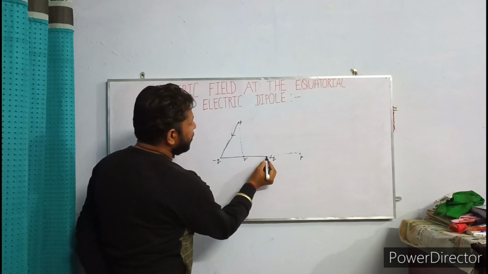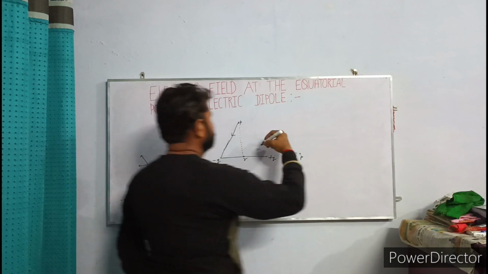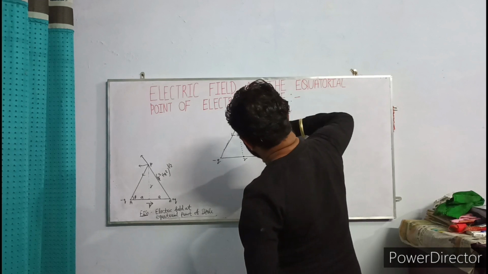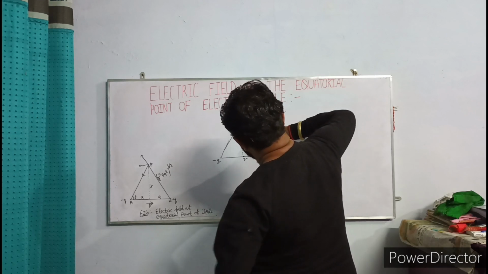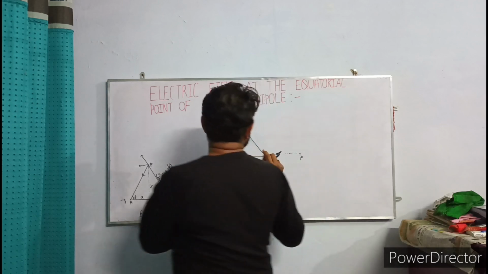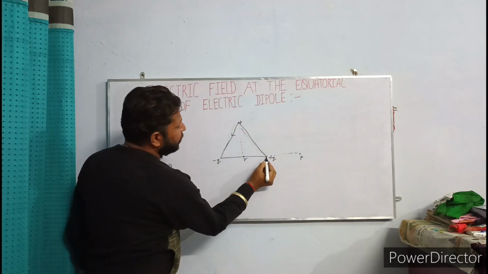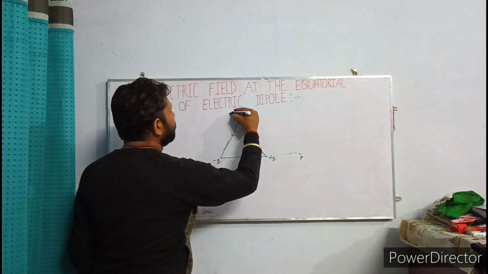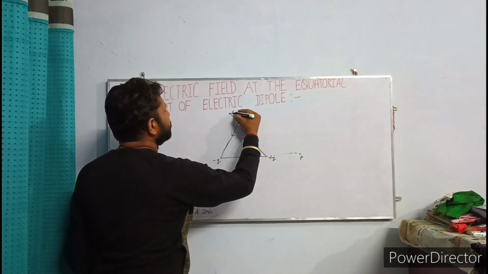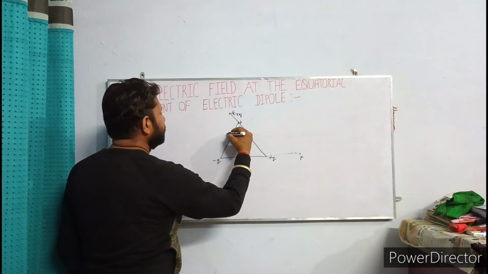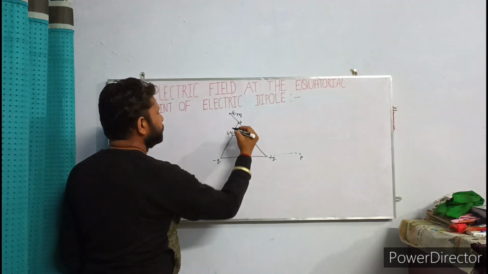And when we connect to this point, then due to this plus q charge, the direction of the electric field is towards this. This is E plus q, and this is E minus q.